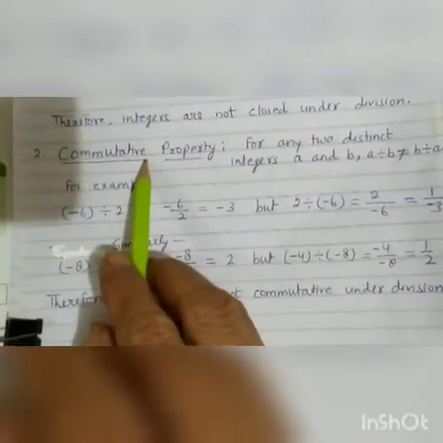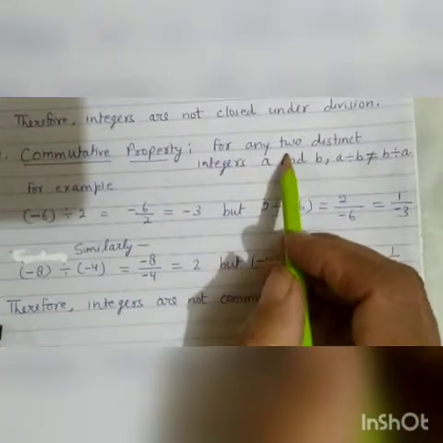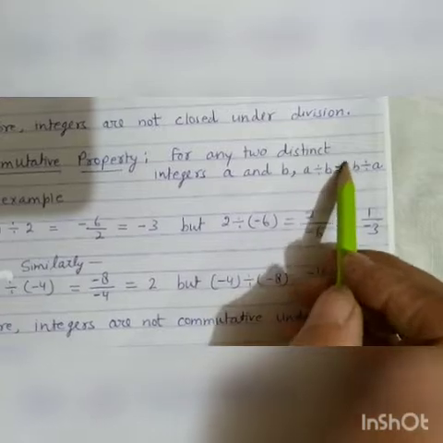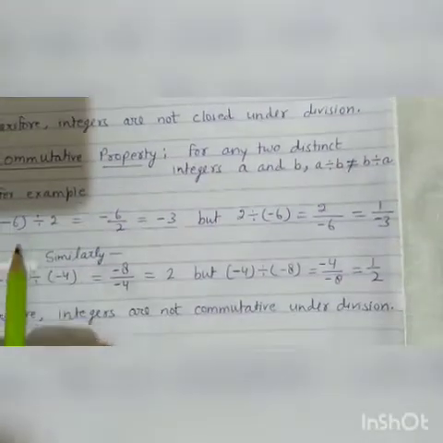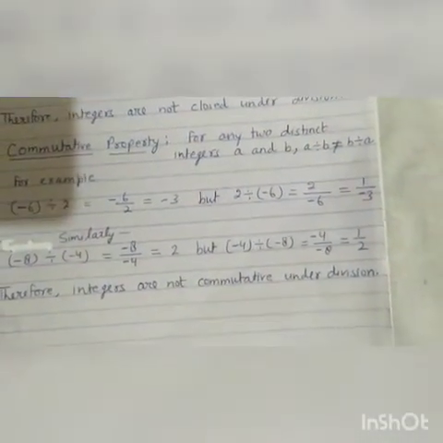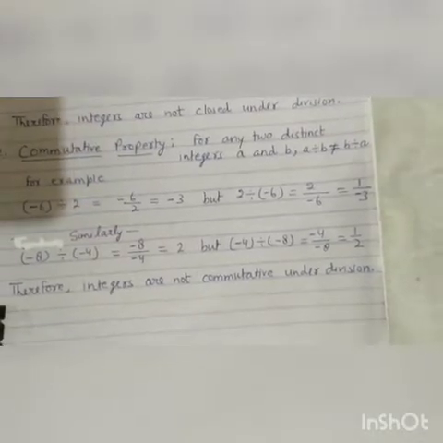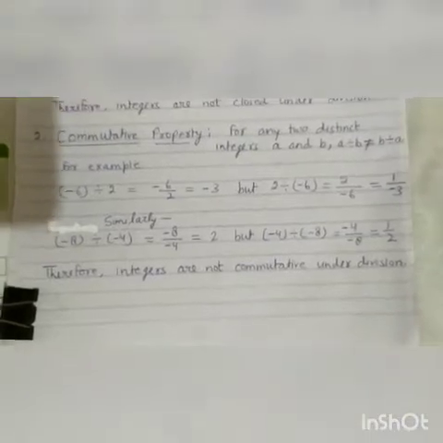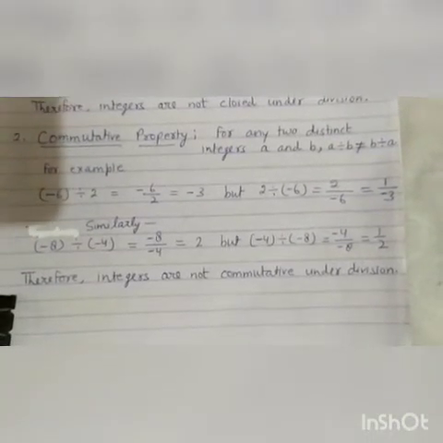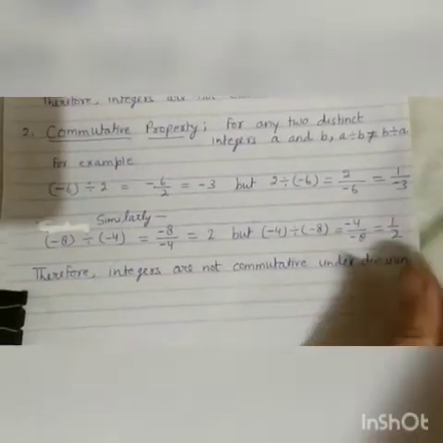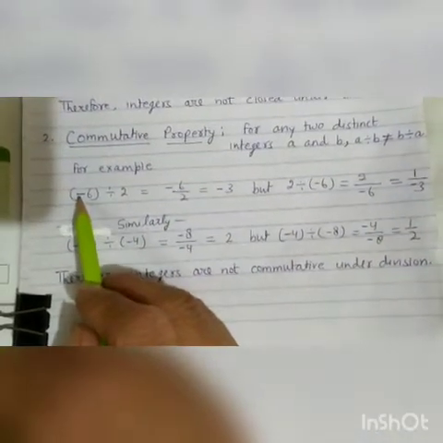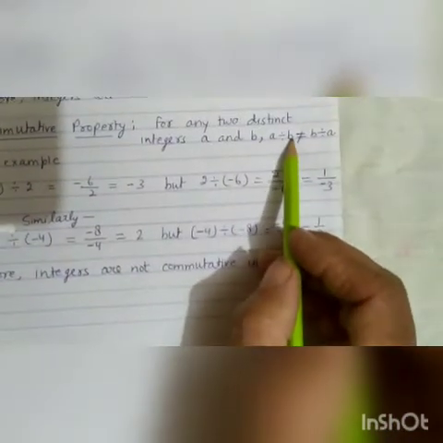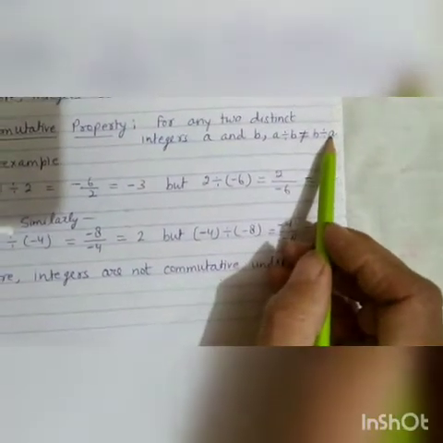Come to commutative property. For any two distinct integers a and b, a divided by b is not equal to b divided by a. Students, you have read already these all properties for addition, subtraction and multiplication. Today we are studying about only division. So when we divide minus 6 divided by 2, see here, a divided by b is not equal to b divided by a.